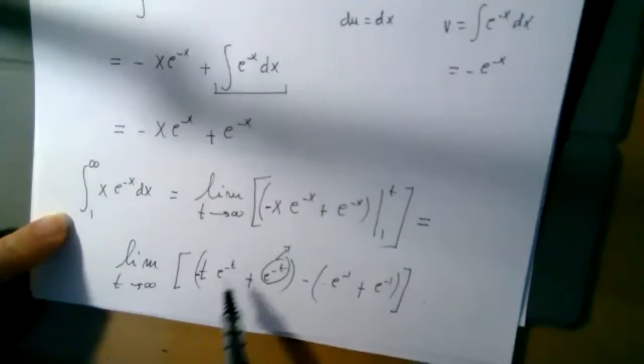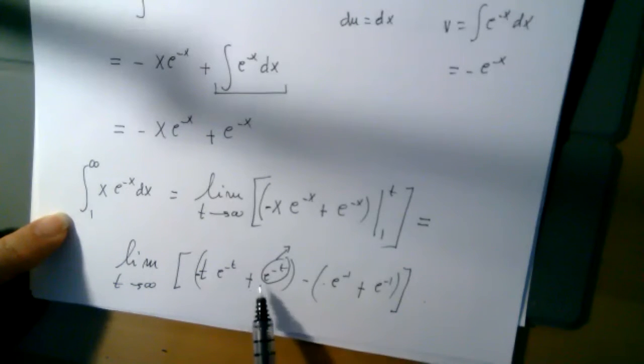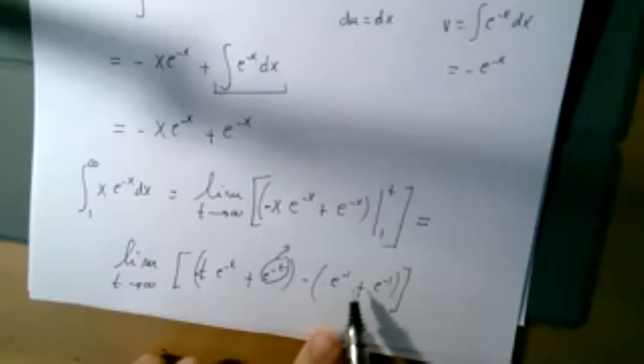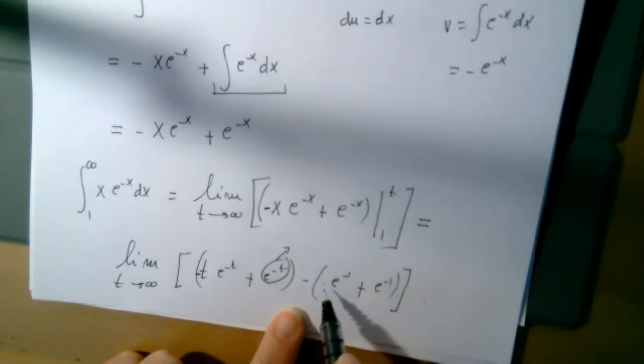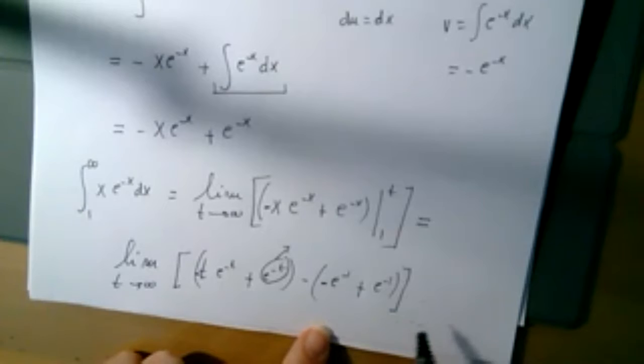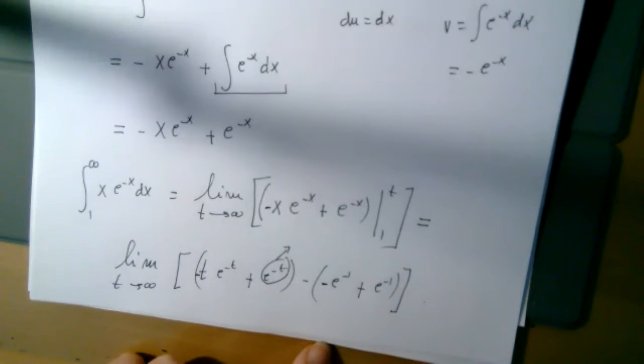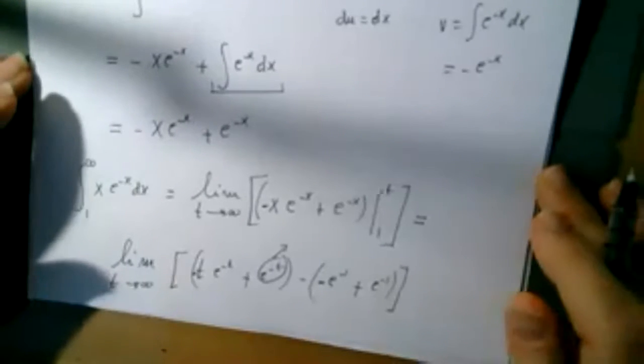That's minus t e to the minus t, plus e to the minus t, minus, at the upper limit, at the lower limit, minus e to the minus 1 plus e to the minus 1. Something is bothering me.